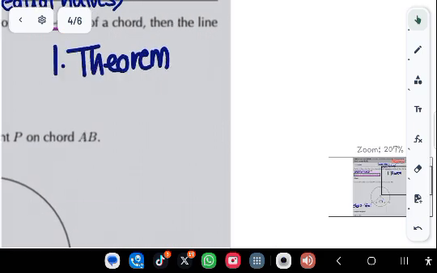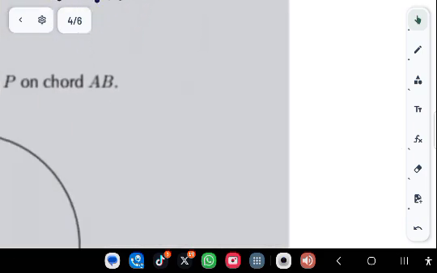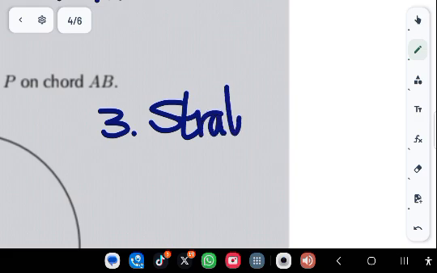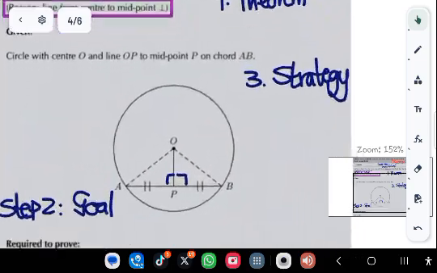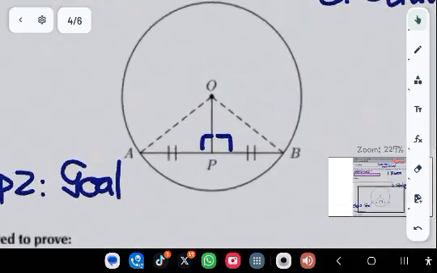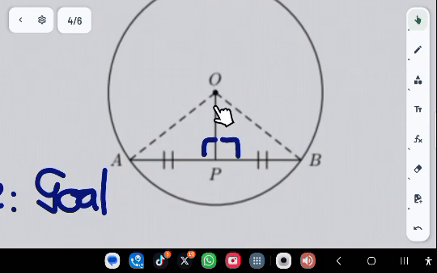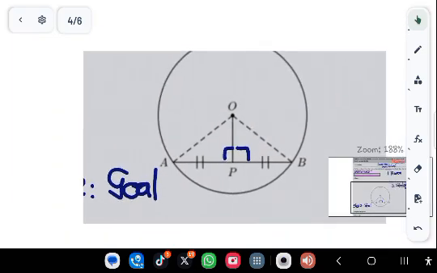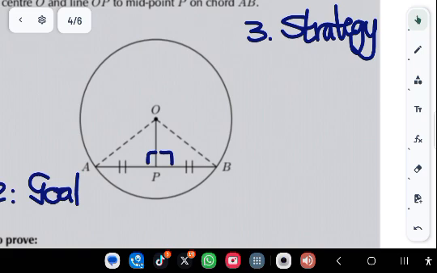So now number 3, the strategy. What strategy are we going to use? Like with the first theorem, we have some form of 2 triangles. The best strategy is to prove congruency first.